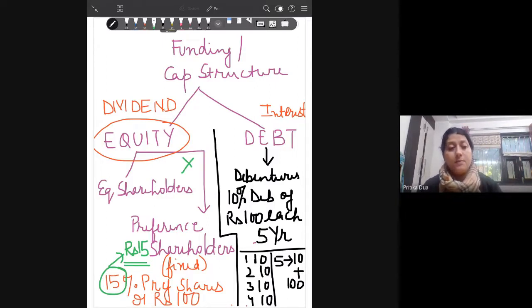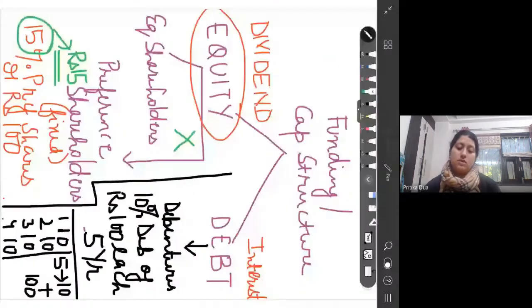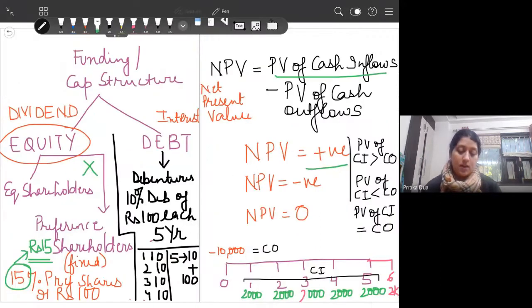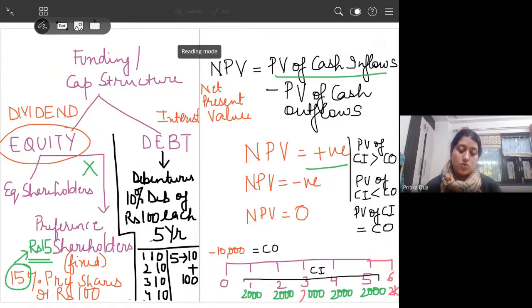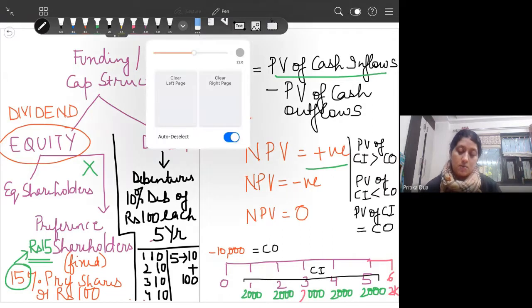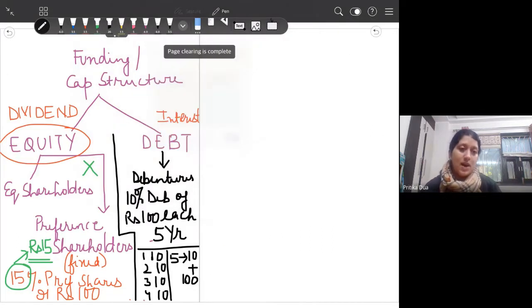It is totally up to the company, depending on what the profits of the company are. The company decides how much of the profit needs to be distributed as a dividend.